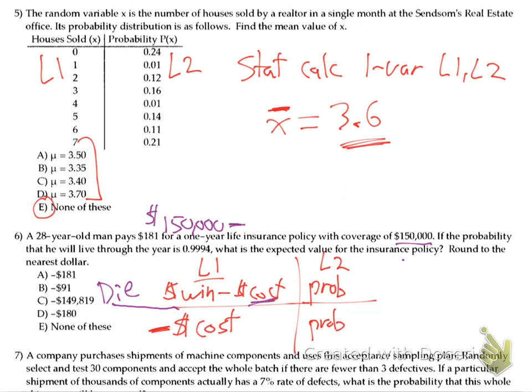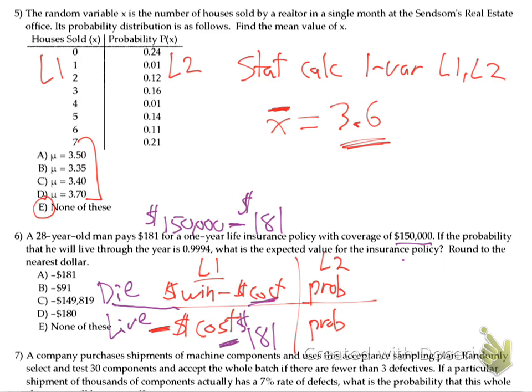Minus the cost to play the game. The 181 cost of the life insurance policy. Does that make sense there? And down here, what if you live through the year? If you live, you lose, financially speaking. You negative lose the cost of the insurance policy, $181.